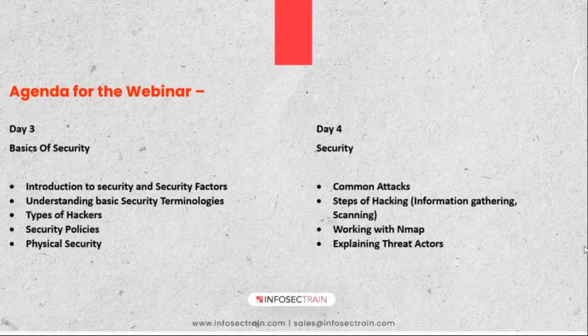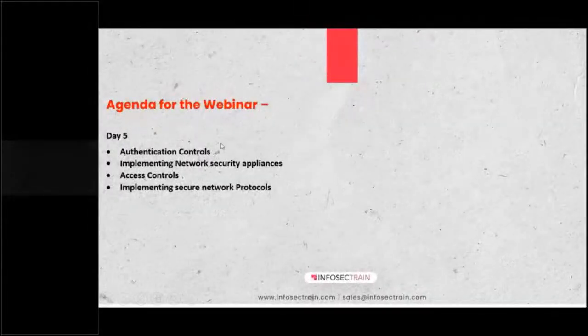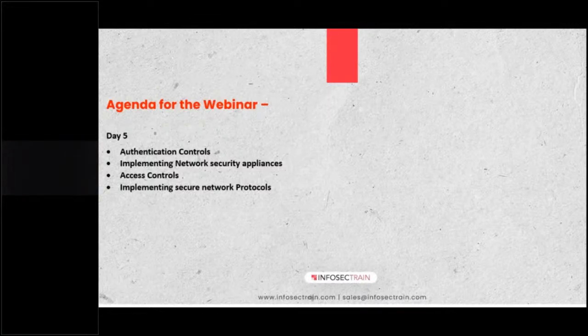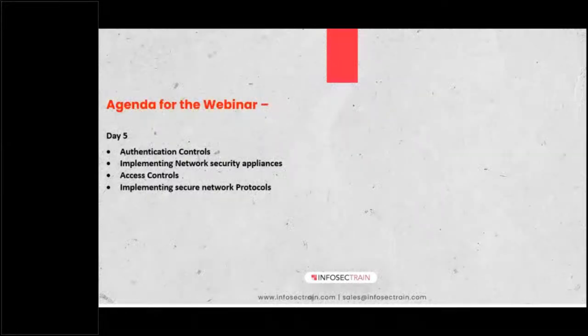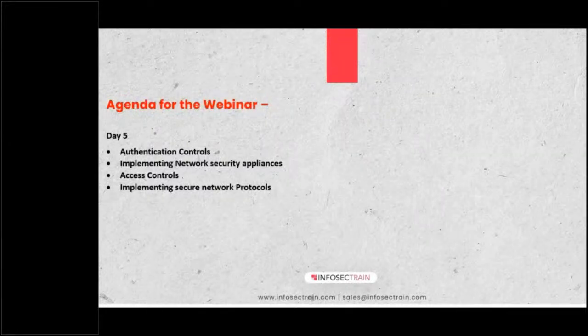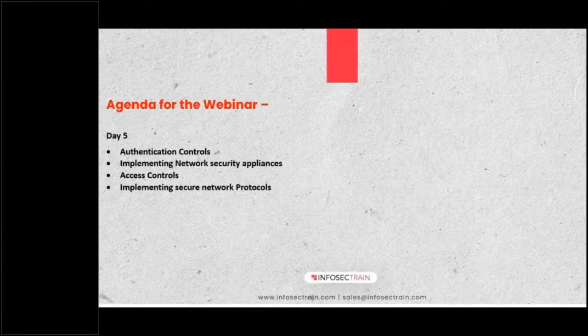Now, on the concluding day, the last day, we will talk about some advanced topics like authentication controls, and implementing network security appliances, how you will implement those and protect your network. Then we will talk about access controls, how access controls help in providing security to the network.